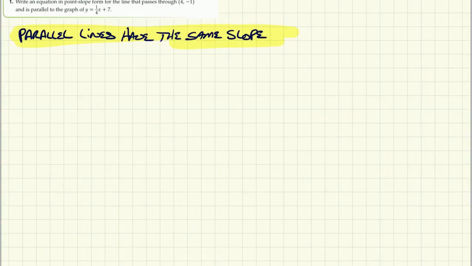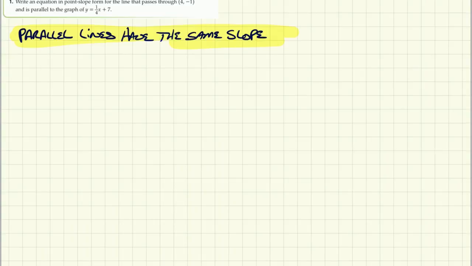So the first thing that we need to do is ask, what is point-slope form? Remember that anytime you have a problem and they want an equation in some kind of form, it's always a good idea to write out the general form of the equation.